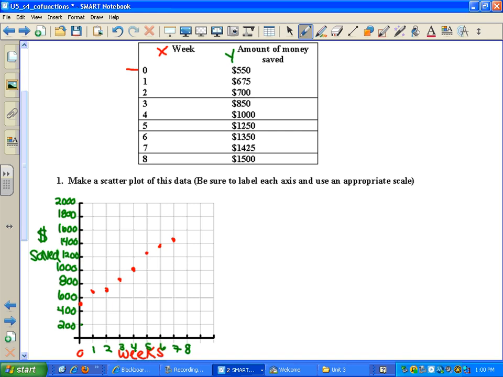And then 8 weeks, I'm at 1,500. Okay, so there is my data.